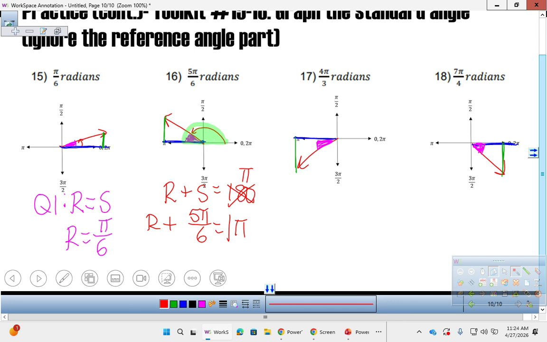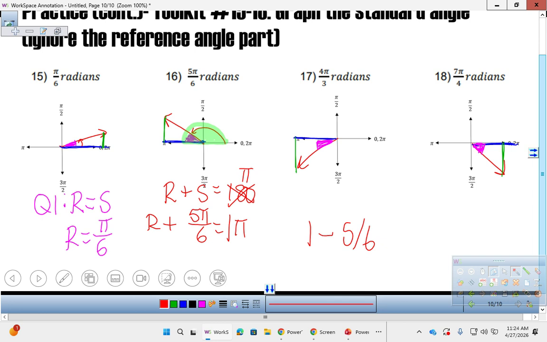If I wanted to get R by itself, what would I do? Subtract. In your calculator, do 1 minus 5/6.